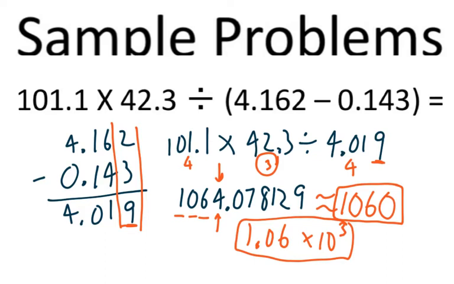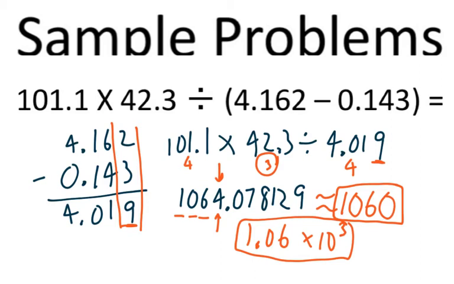Okay? So one point I want to emphasize is when you have a multiple step problem, a mixed operation, don't round after every step. Perform the step, like in this example, we did the parentheses, and then mark with a line what would be the last significant figure if you were to round.